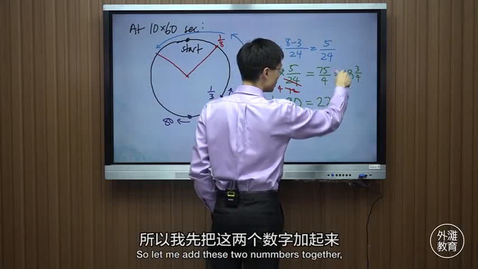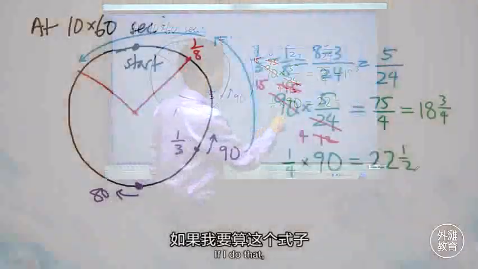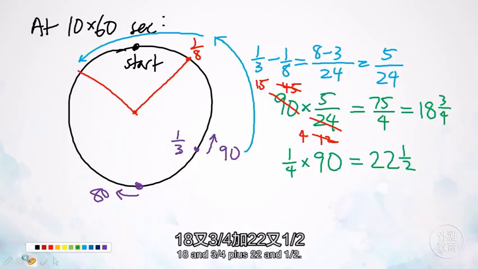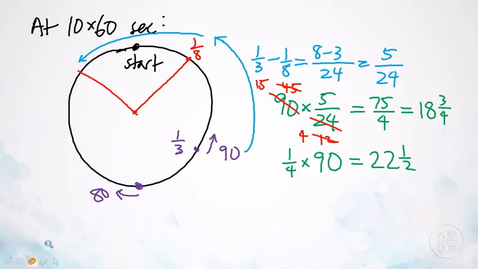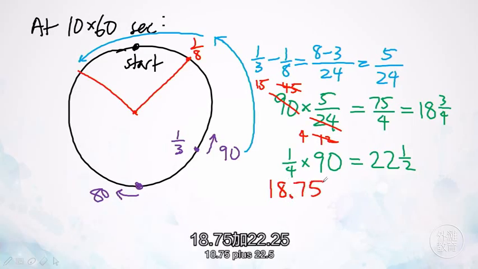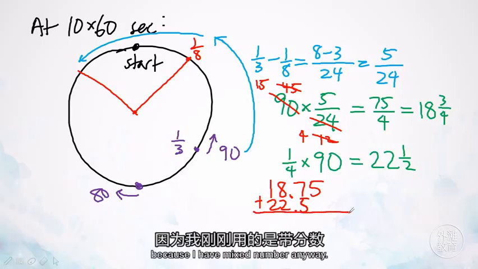Let me add these two numbers together, 18 3/4 plus 22.5. I'll actually write them as decimals, 18.75 plus 22.5. I'm doing them as decimals because I have mixed numbers anyway.